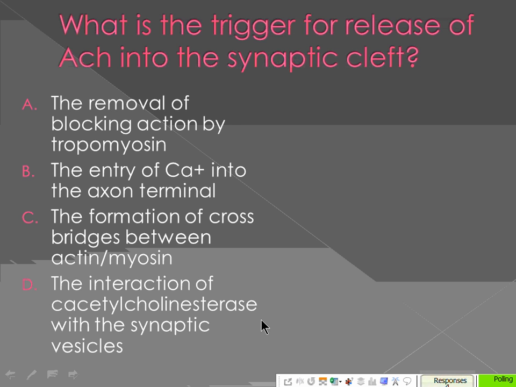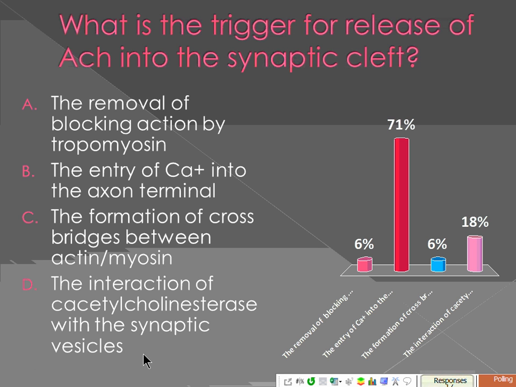But the entry of calcium ions into the axon terminal.